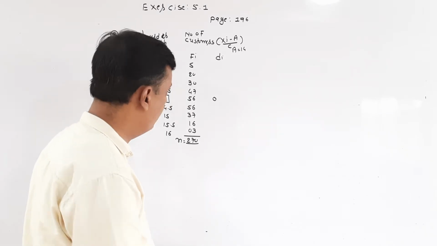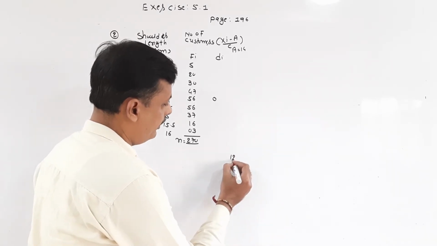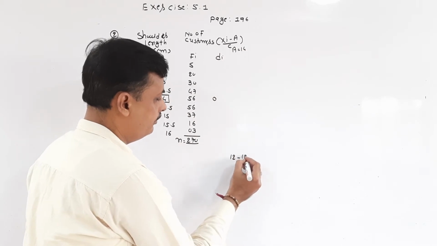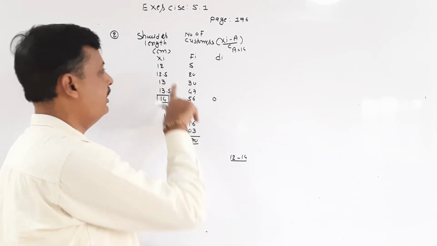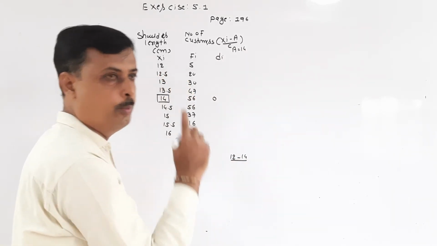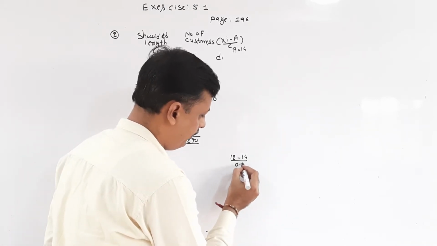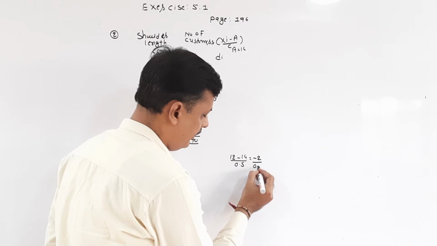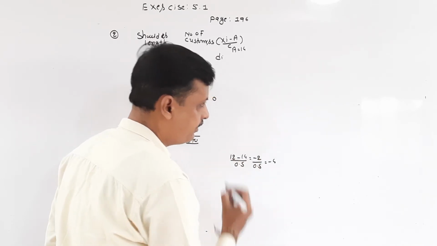Let me show you. xi is 12, A is 14 and C is 0.5. So minus 2 divided by 0.5, that is minus 4.